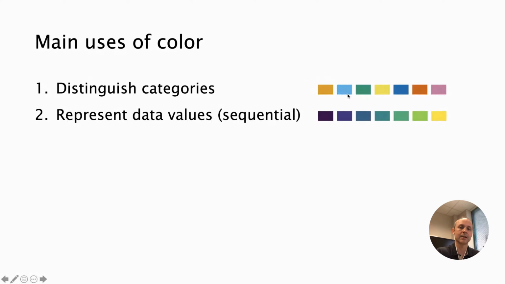The next one is that we may want to represent data values. It says sequential in parentheses because there are really two different ways that we can do this. That might be something like I want to encode the number of people that live in an area by the color that I shade that area with. Maybe dark means a small number of people and light means a large number of people.